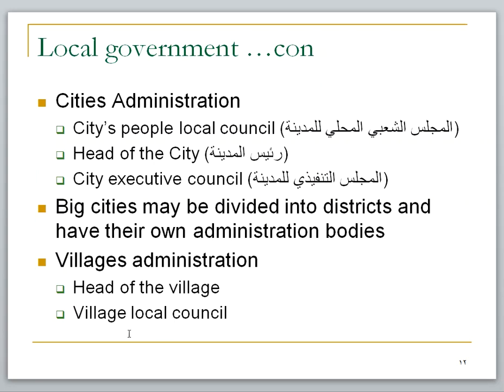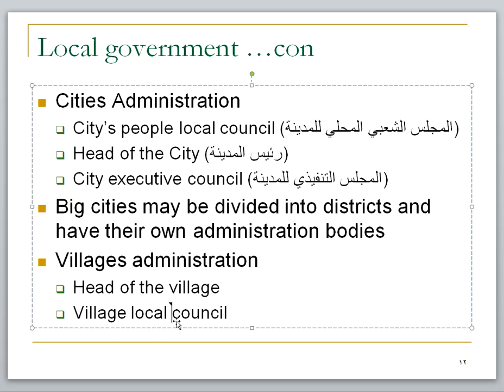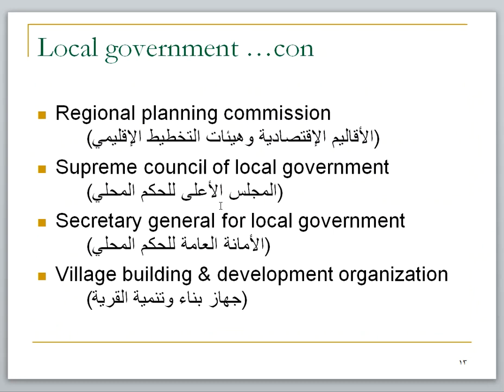Villages administration, we have head of the village and we have the village local council. Then one part of the local government ودول تابعين للوزير بتاع المجلس المحلي، وزير الحكم المحلي أنا آسف.